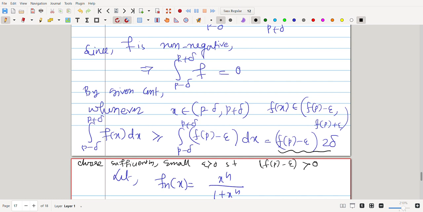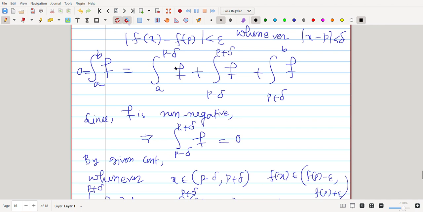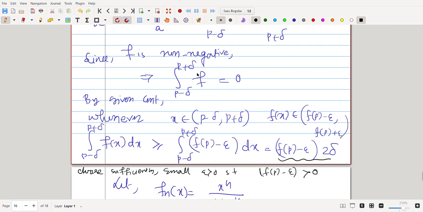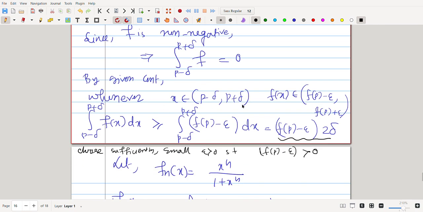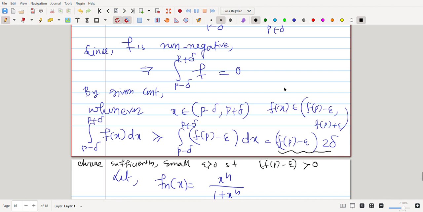If f(p) is 0, then we are done by the given condition. But if f(p) is non-zero, then we can choose a sufficiently small epsilon such that f(p) is greater than epsilon, right? Because we can choose any epsilon, and then we can find some delta and use that delta in our condition. If f(p) is itself 0, then we are done, because we need to show that f(p) has to be 0. But if f(p) is already 0, there is nothing to show.